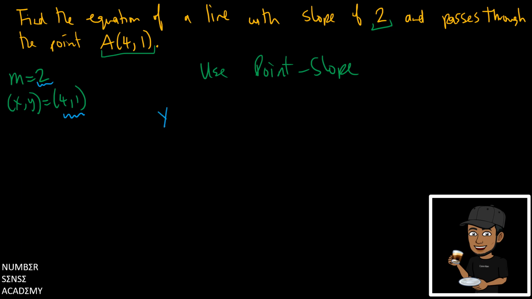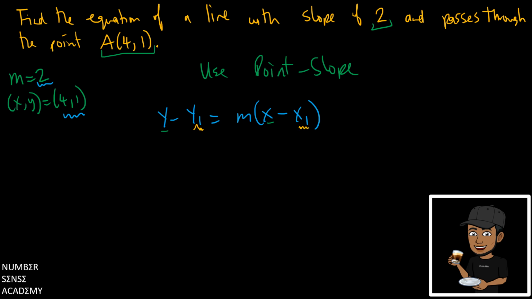So remember the formula was y minus y1 equals m times x minus x1. So I'm going to plug my values in. So just remember that these two that I'm underlining have to remain. I sub the point for the y1 and the x1. That's where I put the point.